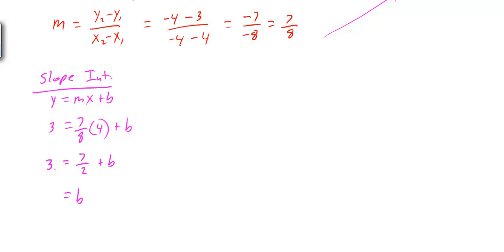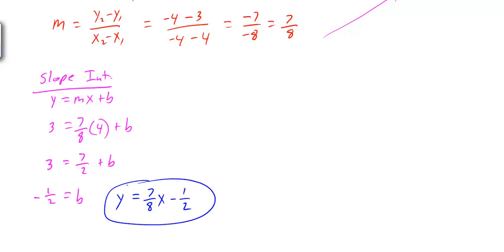So then we would have 3 minus 7/2. Okay, and that's going to give us a negative 1/2. Now, if b is a negative 1/2 and the slope is 7/8, then we know the equation of our line would be y equals 7/8 x. So that's y equals mx, so 7/8 x plus b, which is a negative 1/2. So there we have the equation of the line.